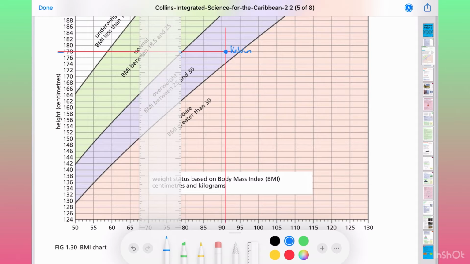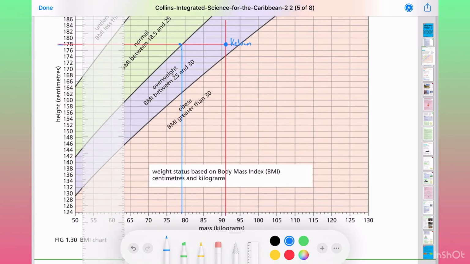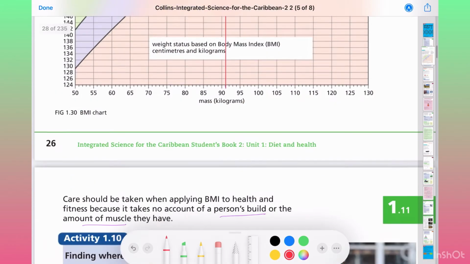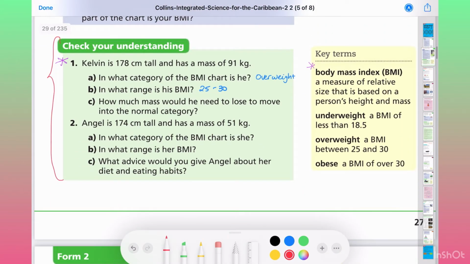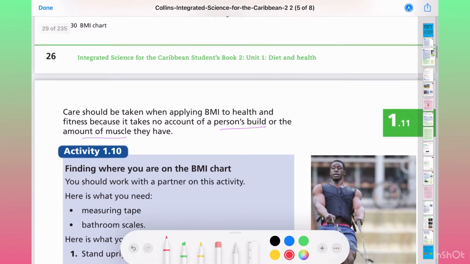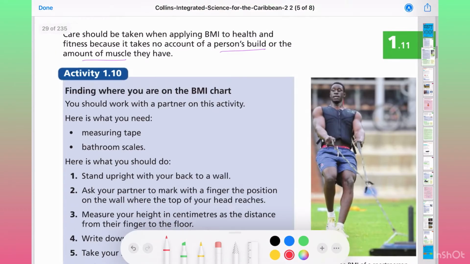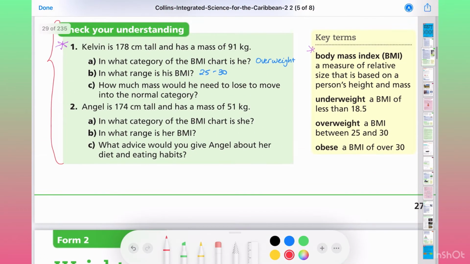Right, I'm going to do a little dotted line so you are able to see. Alright, so if I leave it at 79, he is just at the edge of it. So you want to use 78. I think that will be a more accurate answer. So I'm going to use 78. Right, so if he needs to go down to 78 kilograms, how much weight does he have to lose?